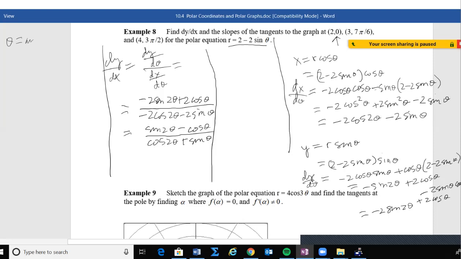theta is arctangent of y over x. So for that first point, we have arctangent of 0 over 2, which is 0, so theta equals 0. So that's one value.